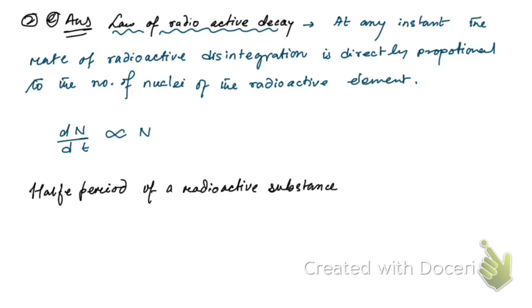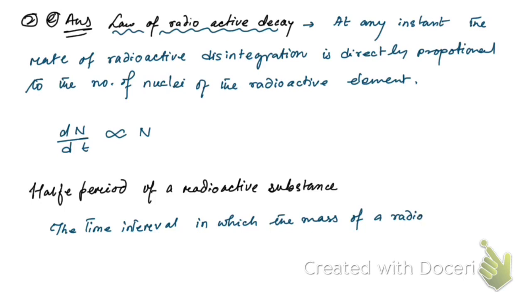of a radioactive substance. It is the time interval in which the mass of a radioactive substance, or the number of its atoms, is reduced to half of its initial value. In the exam, don't write the number this way, write the complete word.